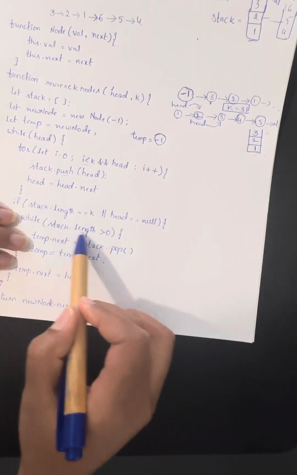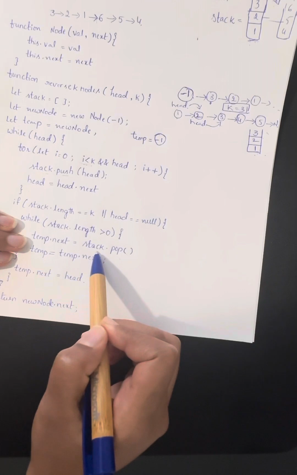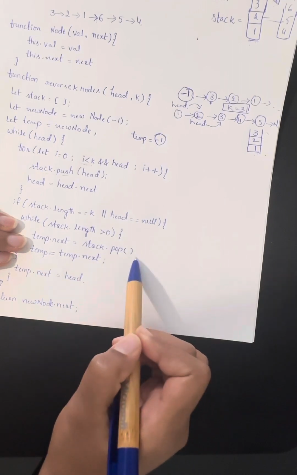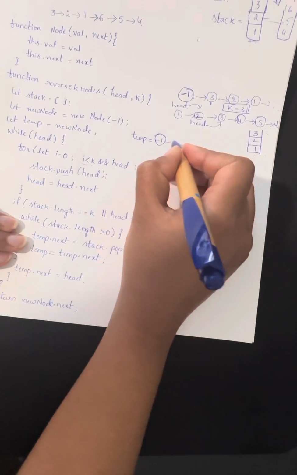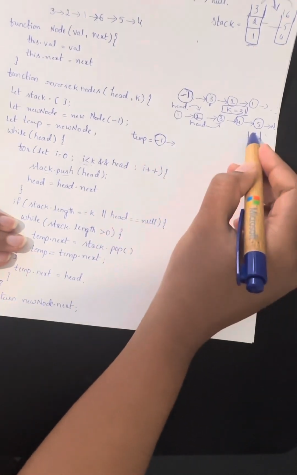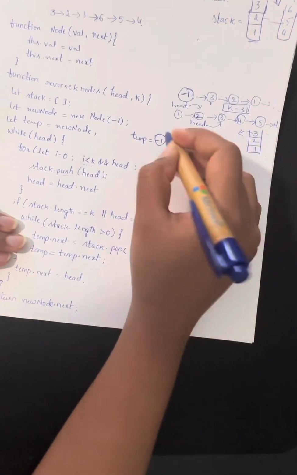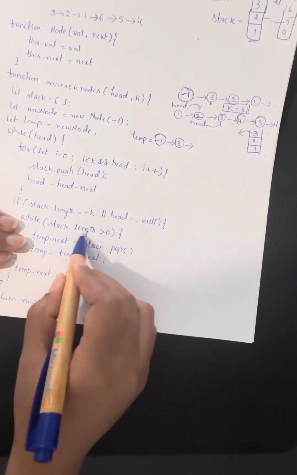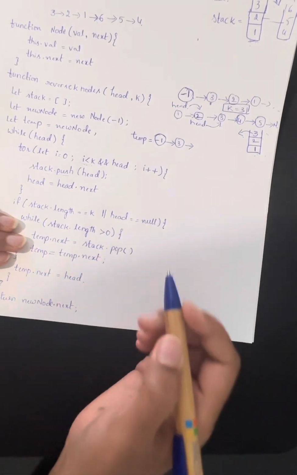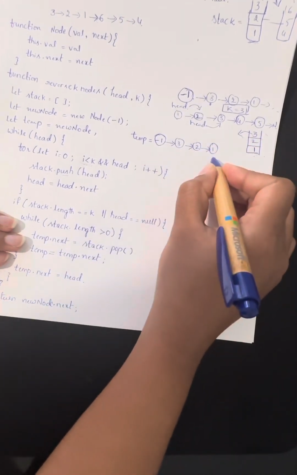Until the stack dot length is greater than 0, we do temp dot next equals stack dot pop. So we are popping the last element, which is 3, and we repeat this until the stack dot length is greater than 0. So we'll have all these elements in the temp.